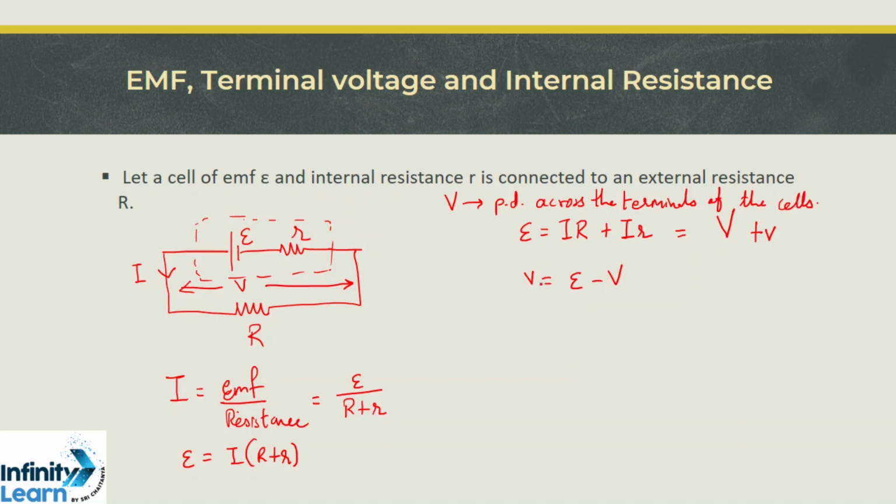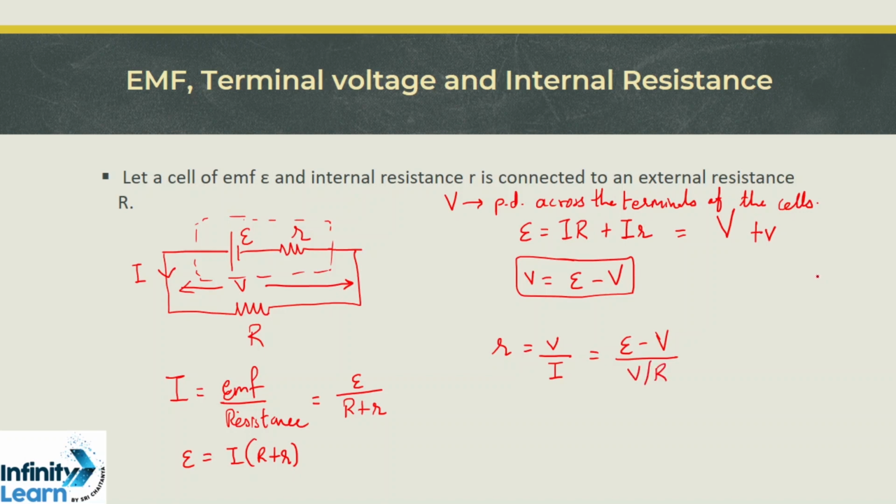Now finally, internal resistance r will be given by small v, the voltage drop due to internal resistance, divided by current, and this can be written as EMF minus potential difference across the terminals of the cell, divided by the current I, and current I can be written as V by R as well.